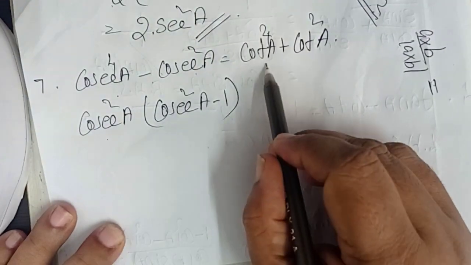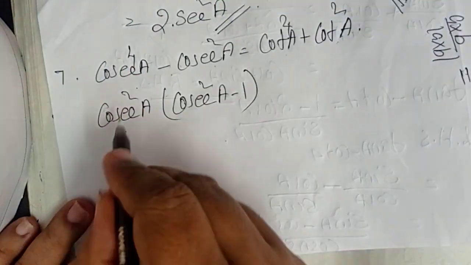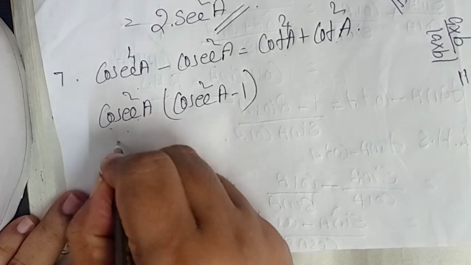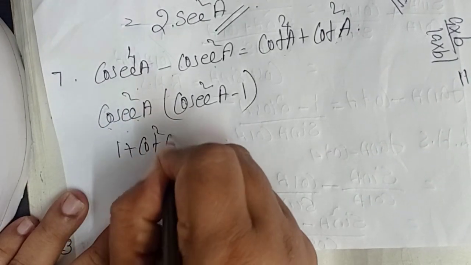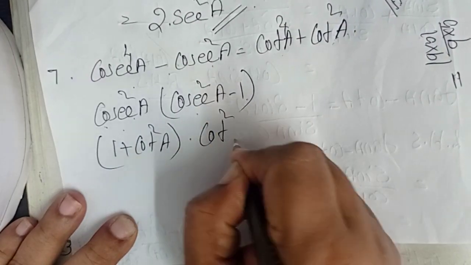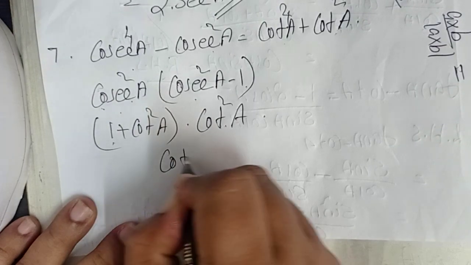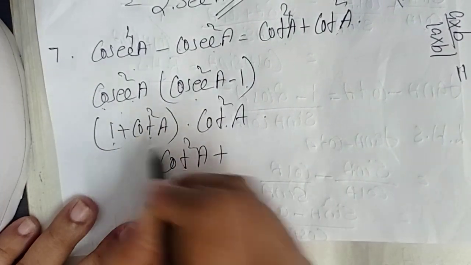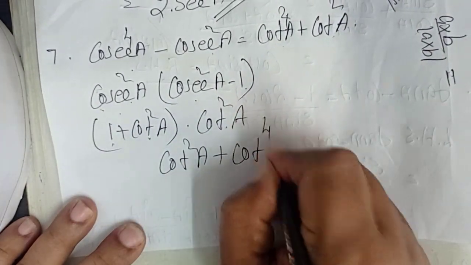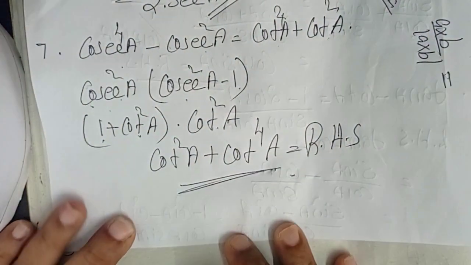But the RHS is only cot. Therefore, we can write this cosec square a as 1 plus cot square a, into cosec square a minus 1, which is cot square a. Agree? Therefore, 1 into cot square a plus cot square a into cot square a, cot raised to 4a. That is the RHS. Okay.